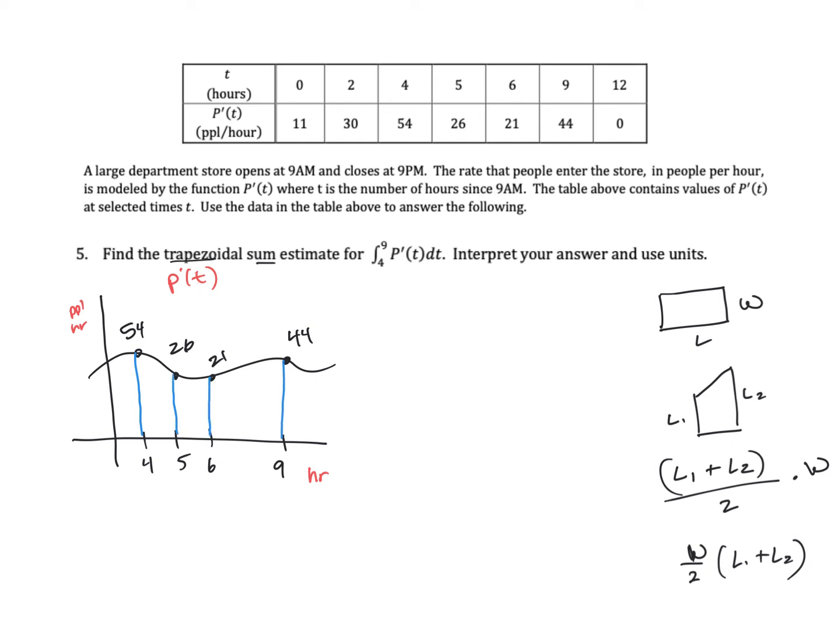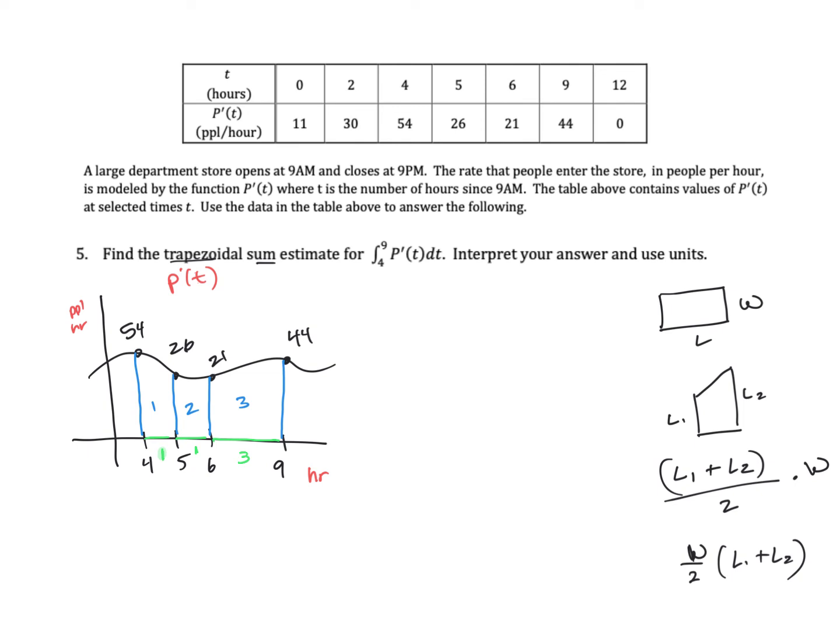It looks like we're going to have 3 trapezoids. We're going to get the area. Let's get the widths also. 4 to 5 is 1. 5 to 6 is 1. And 6 to 9 is width 3. So we do have some varying widths here.